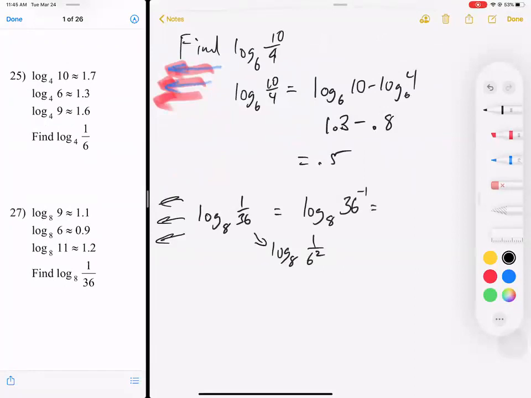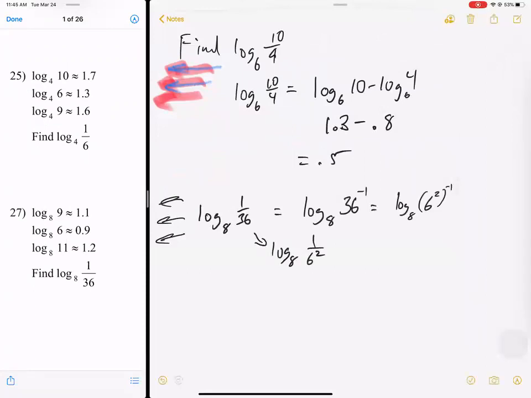Then we could say that is 6 squared to the negative 1 power if you want to really write it out, which is equal to log base 8 of 6 to the negative 2. Where does the exponent go?